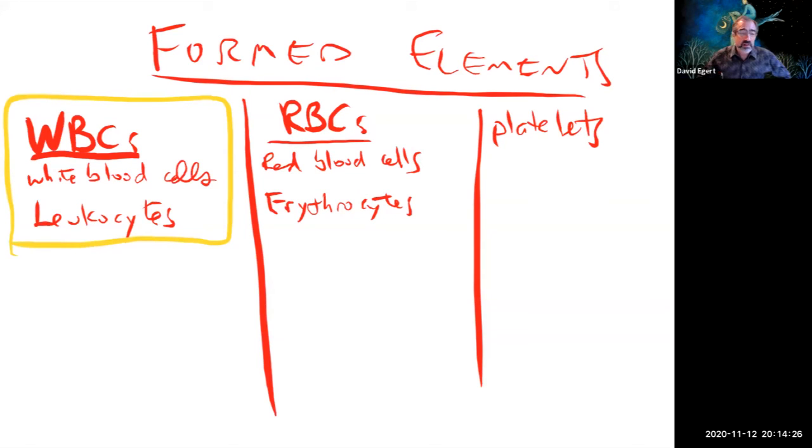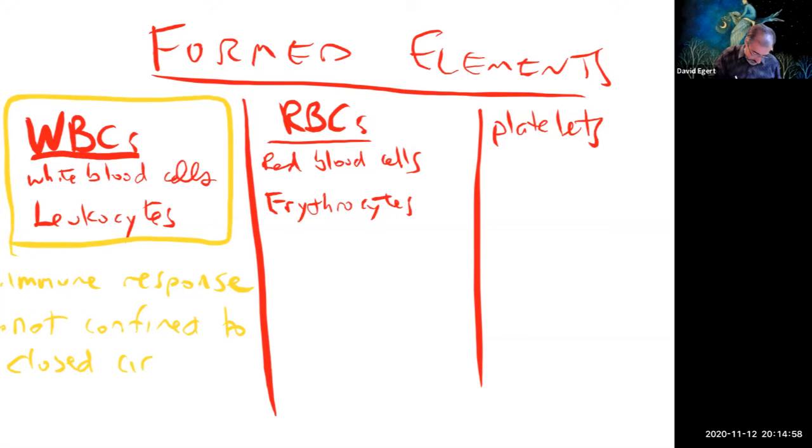We'll start with the white blood cells. White blood cells are involved in immune response. We are going to talk about them in much more detail when we get to the immune system: the neutrophils, the monocytes, the eosinophils, the basophils, the lymphocytes. Don't worry about the details of them right now. Main thing is immune response, and also they are not confined to the closed circulatory system. In fact, most of your white blood cells are not in your bloodstream.